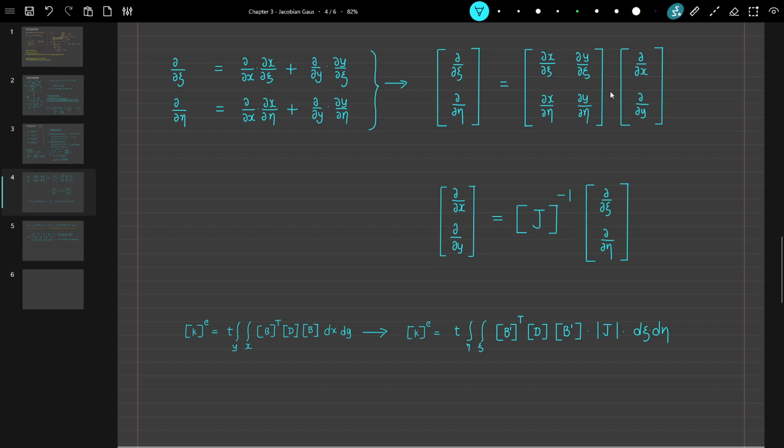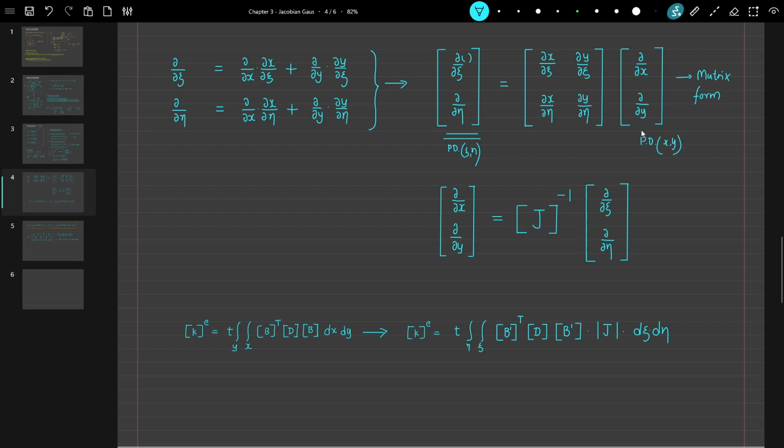We can write this in a matrix form. So the same equations in a matrix form, we get something like this, where the left hand side is the partial derivatives of any function with respect to zeta and eta, and here we have partial derivatives with respect to x and y.